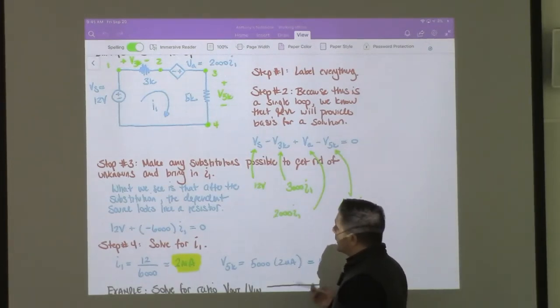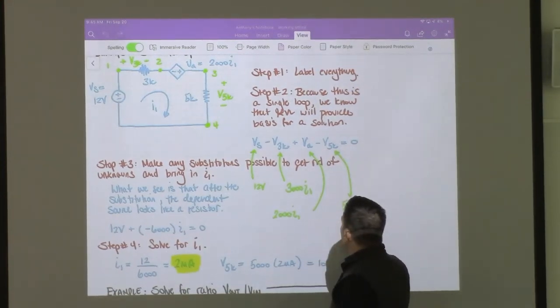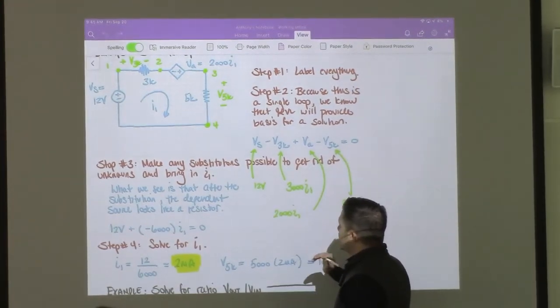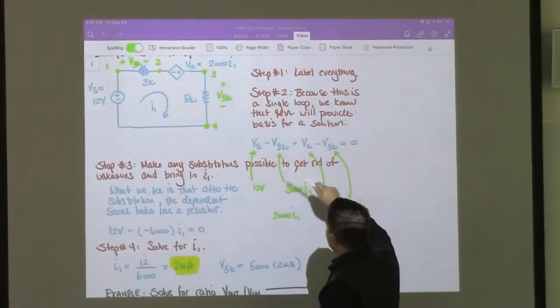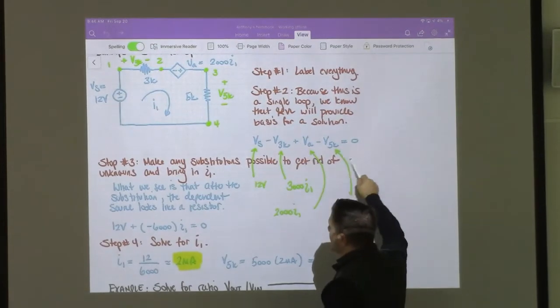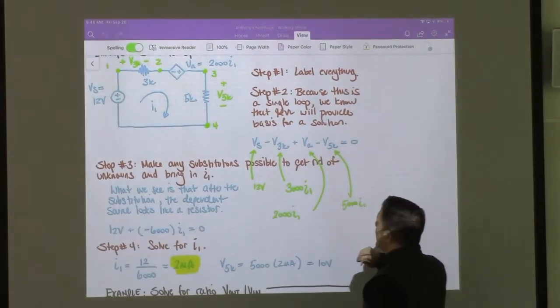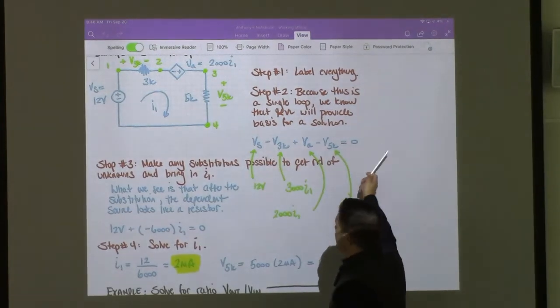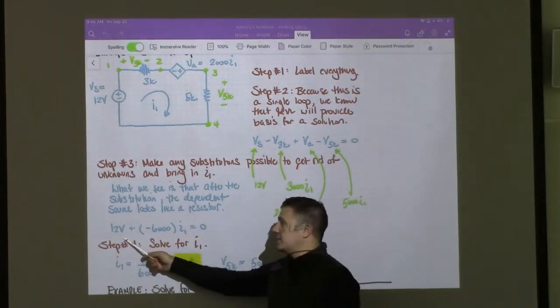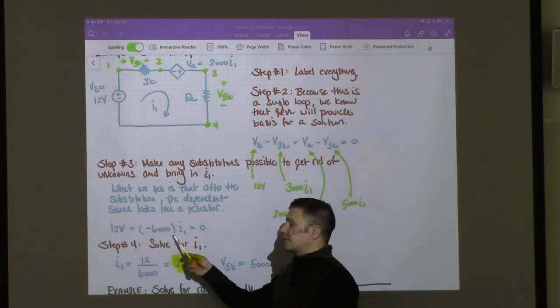So we can collect the terms. What we'll have is minus 3,000, minus 5,000, plus 2,000. So that gives us negative 6,000, but we'll move it over to the other side, which will give us 6,000. And what we'll end up with is 12 equals 6,000 I. Or in a different form, 12 minus 6,000 I equals 0.